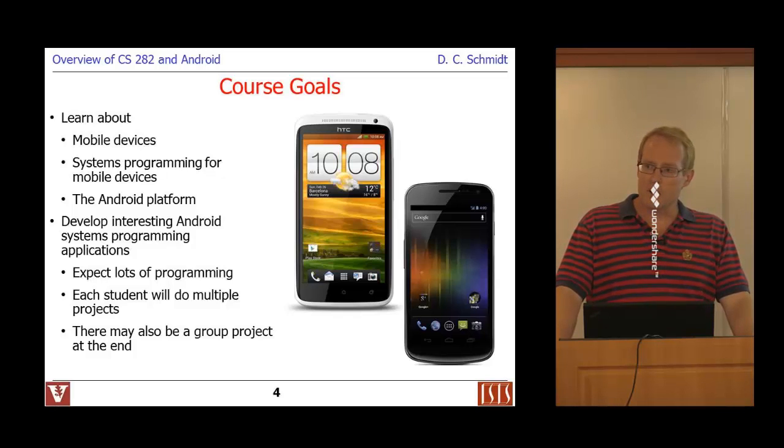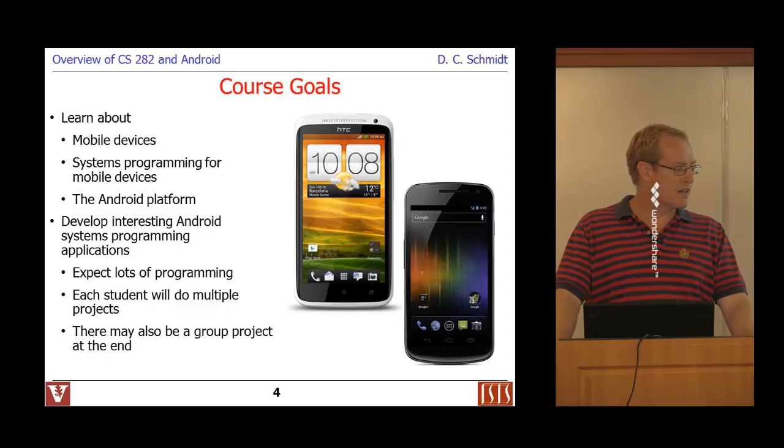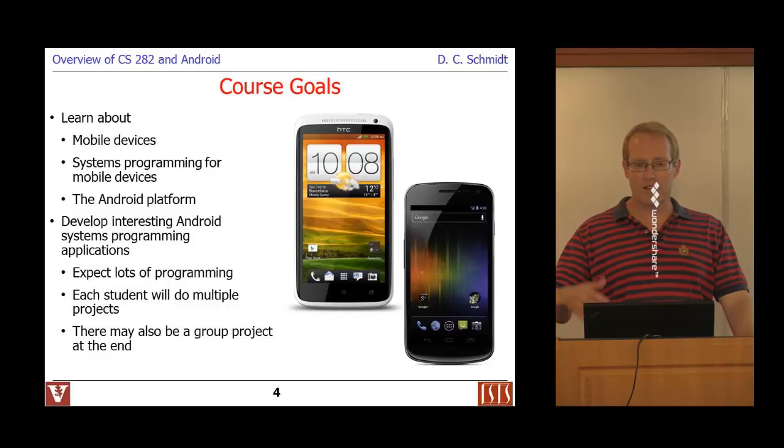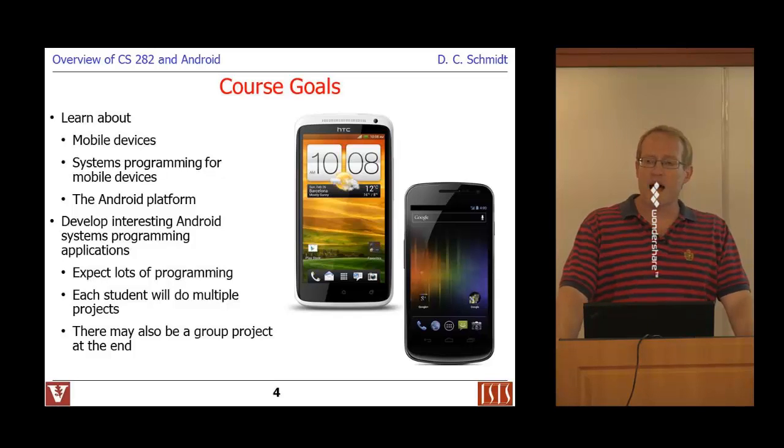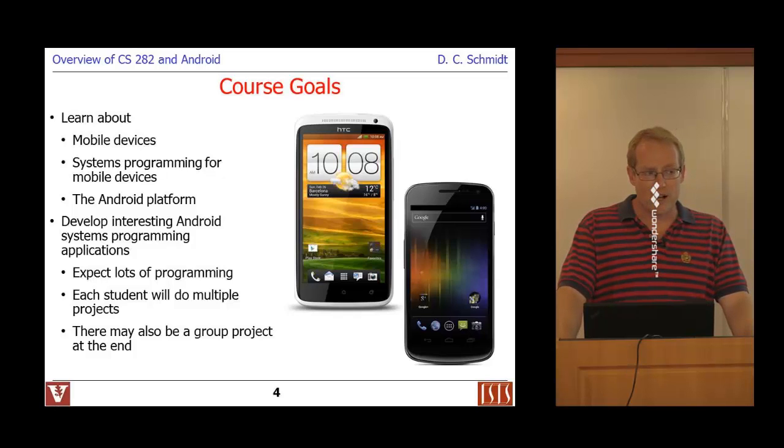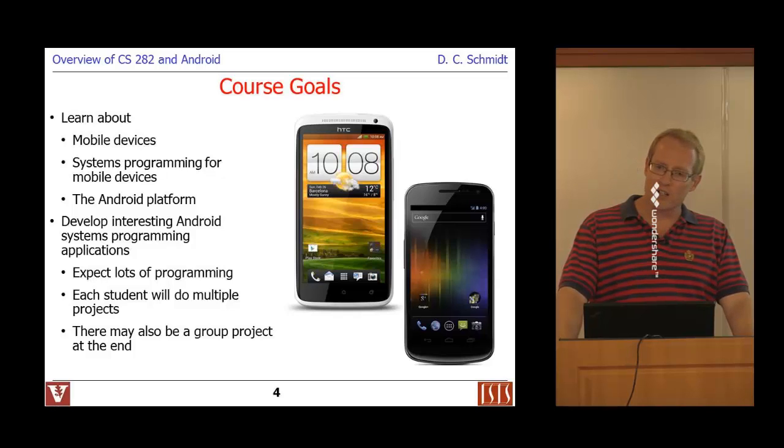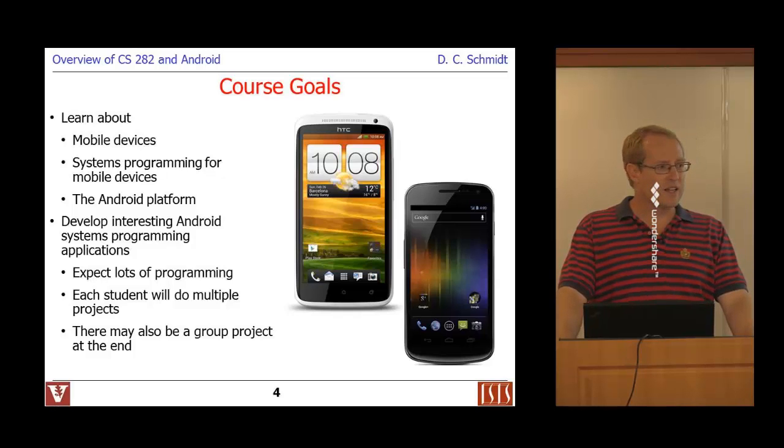We're going to be developing a bunch of different applications. We'll start out the course with probably 4 or 5 assignments where I give you the spec and you implement against the spec, and then I'll review your work. Those of you who've taken CS 282 or 251 will know the drill here. And then we might have a project towards the end that may be either an individual project or a group project, still TBD, and the goal of all that is to get people to try something more interesting, bigger, broader, and so on.